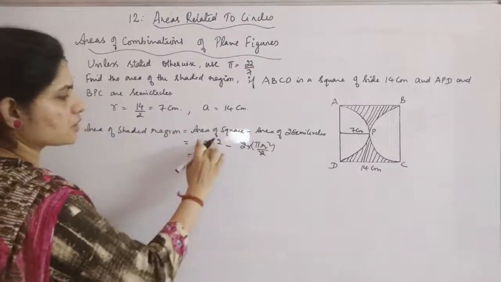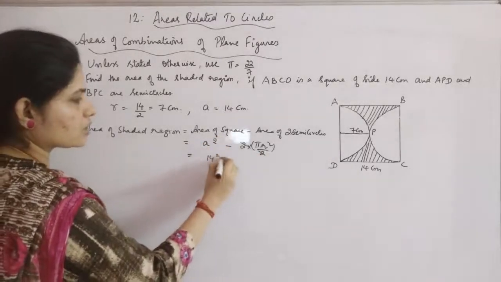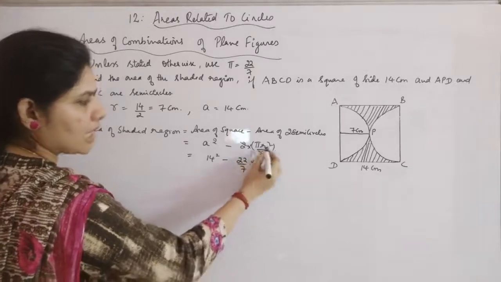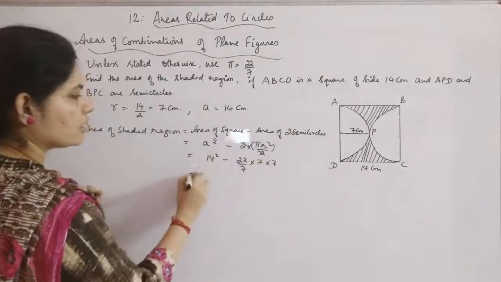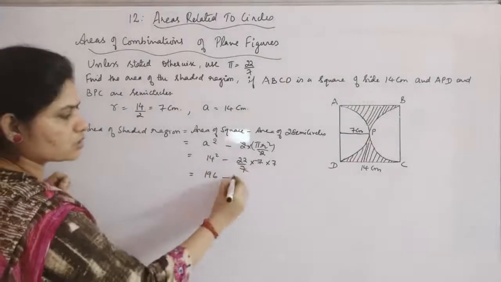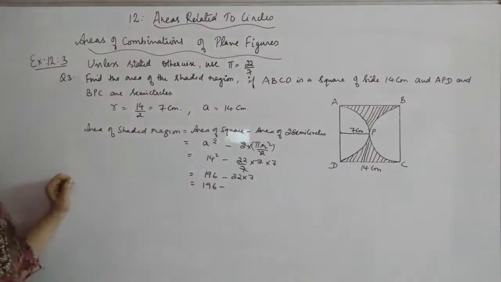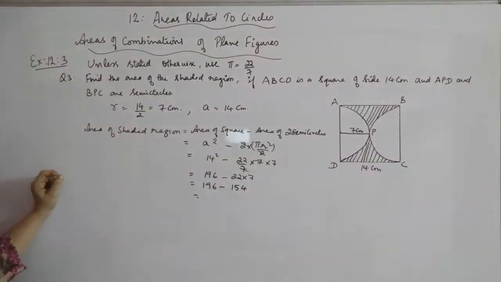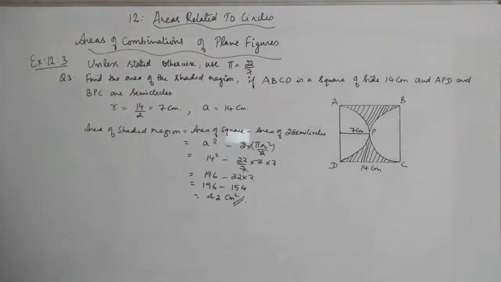In the next step we will substitute this: a square minus 2 into pi r square, that is 14 square minus, here you will have pi is 22 by 7, r square, r is 7, so 7 into 7. 14 into 14 is 196, minus 22 into 7 is 154. So 196 minus 154 is giving you 42 centimeter square. So this is the area of the shaded region.